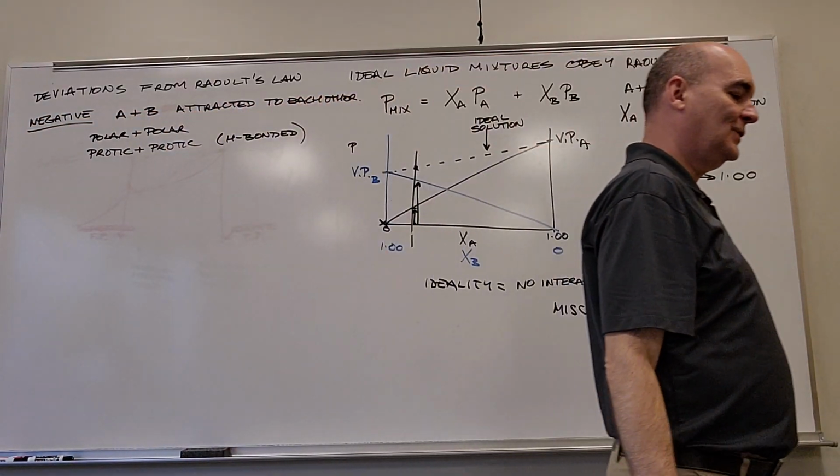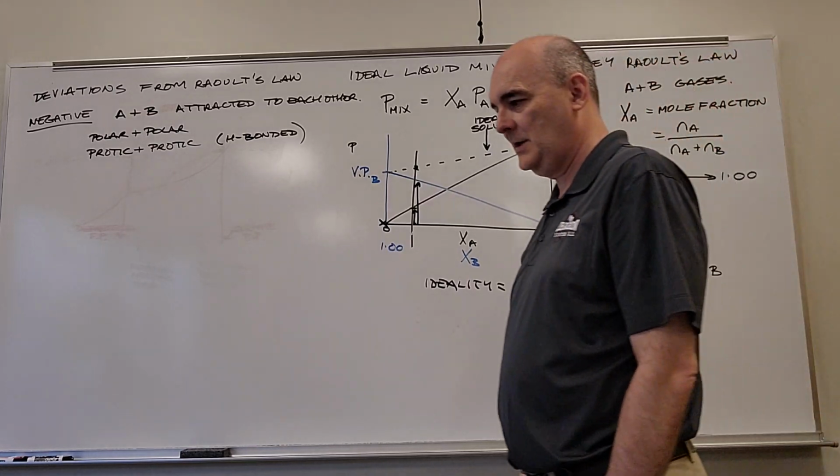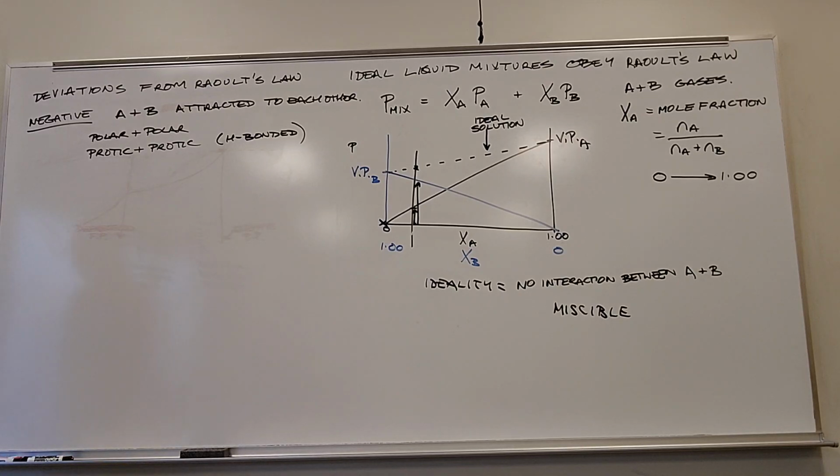Hydrogen bonds exist between adjacent molecules when there is a hydrogen directly attached to an electronegative atom. So alcohol and water are both polar protic molecules because they have a hydrogen that's attached to an oxygen.